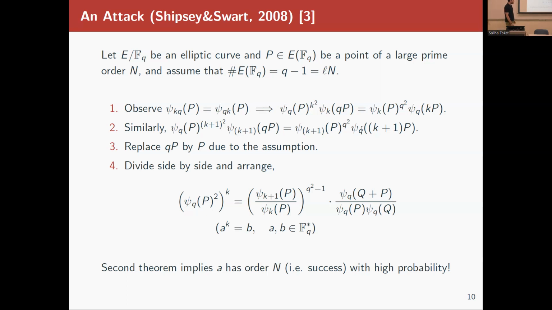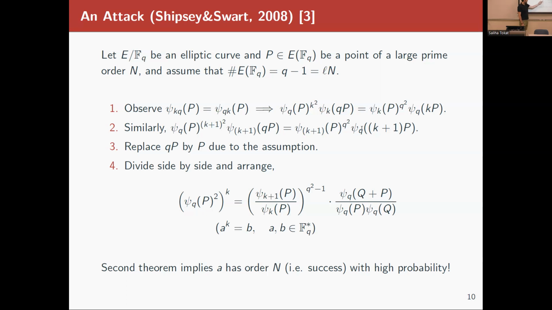And I want to emphasize, in the term in the middle, we don't know k. Actually, our purpose is to find k. So it's impossible to compute this, but we know it is an element of Fq star. And we know the order of Fq star, q minus 1, which divides q squared minus 1. That implies that it becomes 1, and we can avoid this and obtain a much better result.